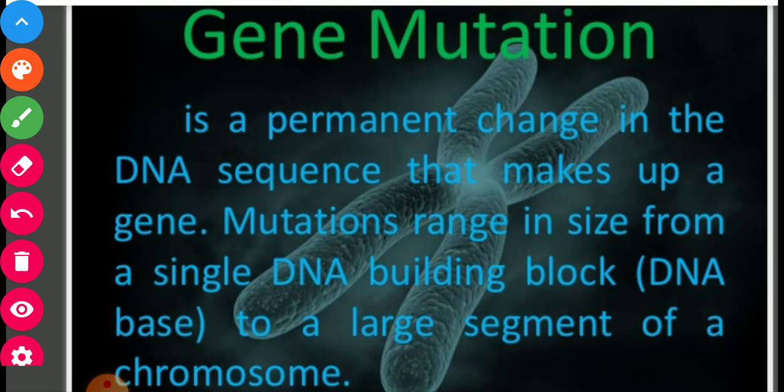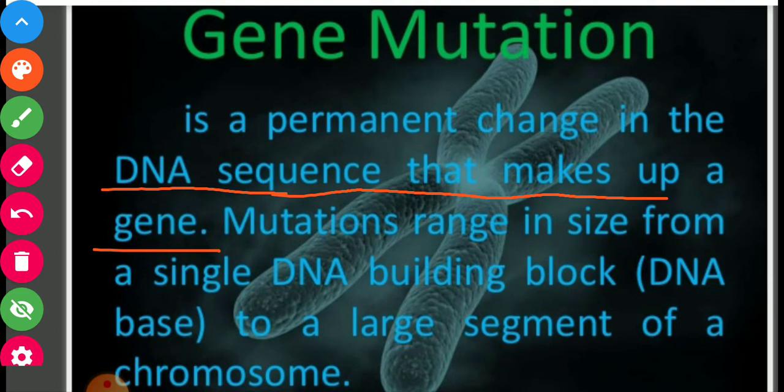Now gene mutation. Gene mutation is a permanent change in the DNA sequence that makes up a gene, because a DNA of a particular sequence is called a gene. So if any change takes place in the DNA sequence, it causes mutation.